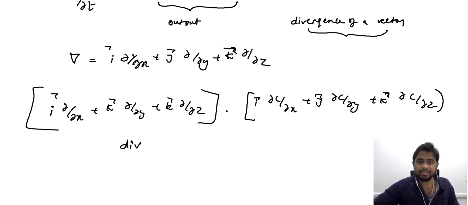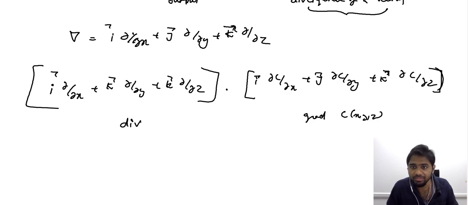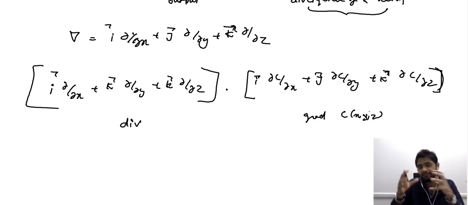This here is nothing but the gradient of concentration, which is a vector that is the output of the variable component of Fick's first law.